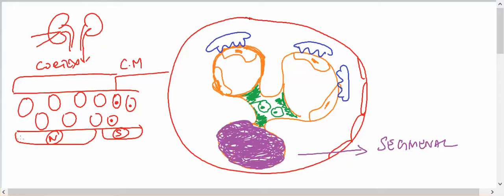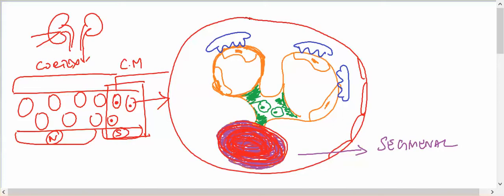So it is focal disease, it is not diffuse disease. Diffuse means it should be present in all the glomeruli. So only a focal area is showing the disease, and if you see the affected glomeruli, I draw it big. Only a few capillaries of the affected glomeruli are showing the disease.